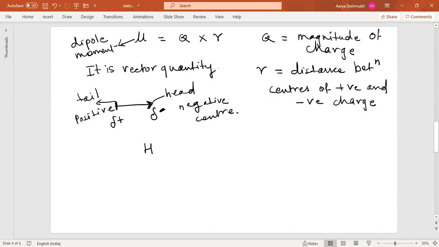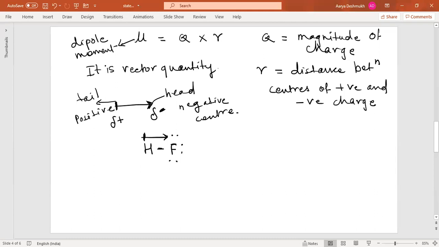We can write this by taking an example like HF, the hydrogen fluoride molecule. As you know, fluorine is the most electronegative element. These are the lone pairs on it. When I put the arrow this way, it means there is a negative center on fluorine and a positive center on hydrogen.